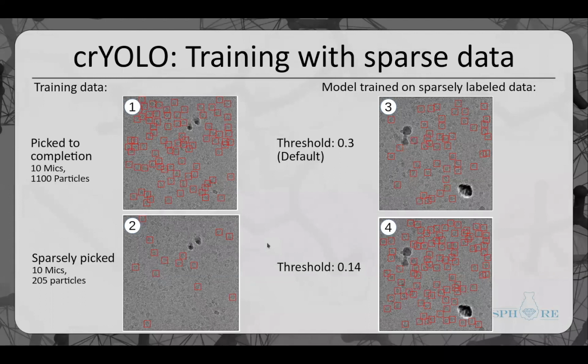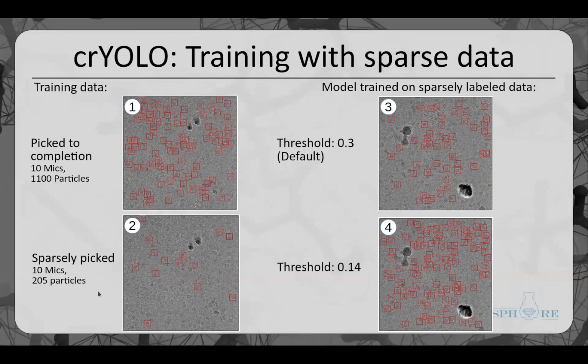To demonstrate that, what we did is, this is our TC toxin data set, and the training set has 10 micrographs with 1,100 particles. What we did was we removed randomly 80% of the boxes. And what's left are 205 particles in 10 micrographs.